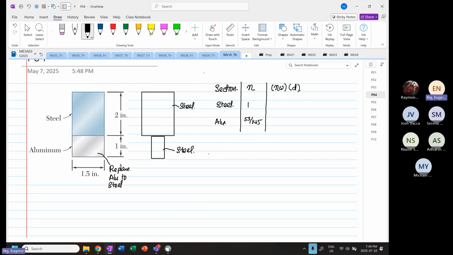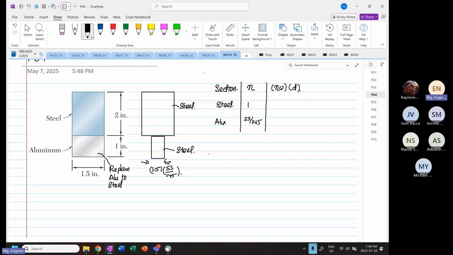What you see over here, this thickness now becomes 1.5 multiplied by 53 over 145. Okay, that's what we have done.